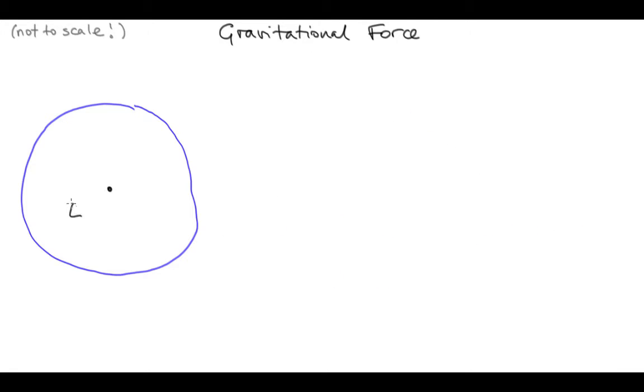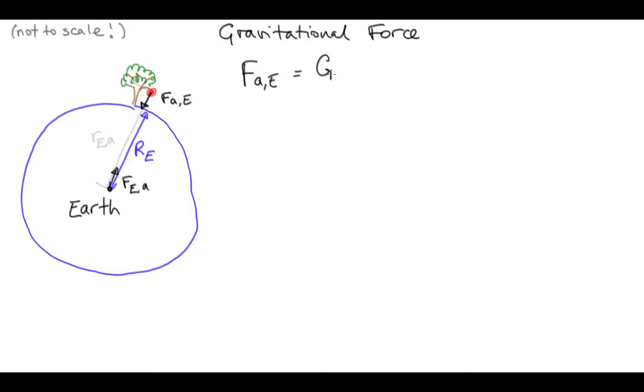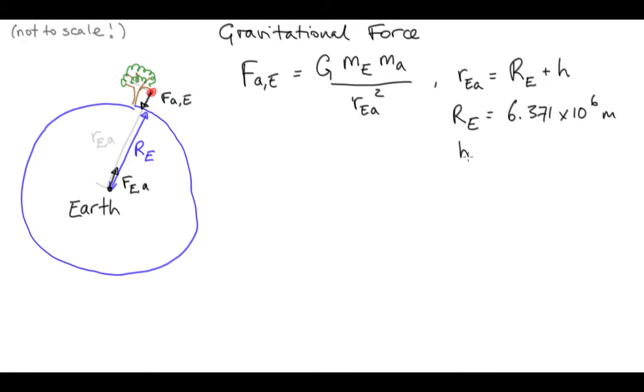Another of Newton's great insights was that exactly the same type of forces exist between the Earth and an apple falling off a tree. So the gravitational force exerted by the Earth on the apple acts as if it points from the center of the apple to the center of the Earth. Now when we move an apple around, we barely ever change its distance from the center of the Earth. Even if we take it from sea level all the way up to the top of a mountain, this change in elevation is just tiny compared to the radius of the Earth.